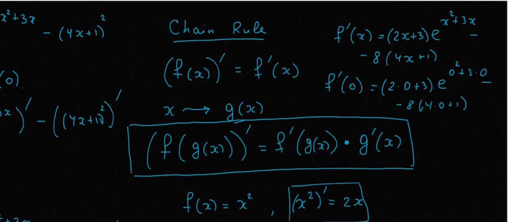Now, for the exponential term, we get e raised to the power 0. That gives us 1. And all of this simplifies to 3 times 1 minus 8 times 1. So 3 minus 8, negative 5. This is our final answer for the value of the derivative of this function at x equals 0.